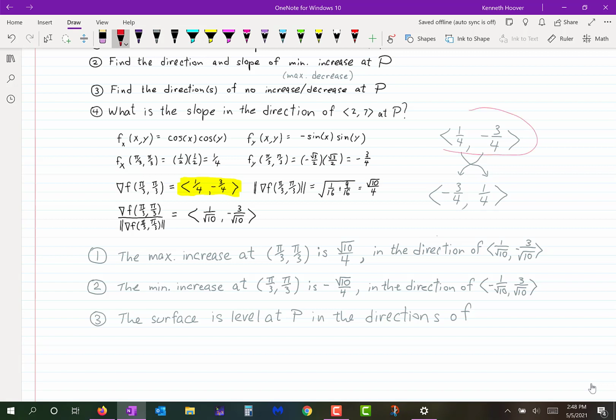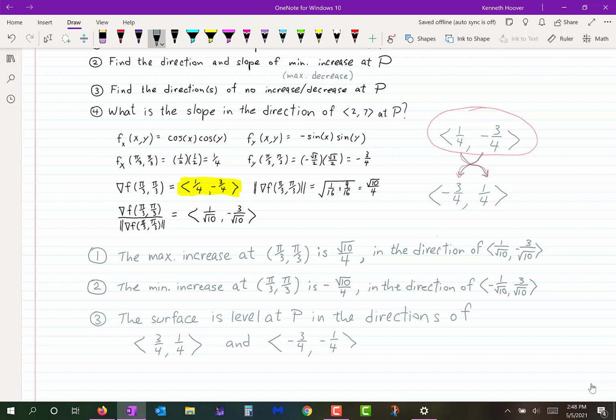We started with the gradient here, and I want something that is orthogonal to the gradient. So we swap the components and change the sign on one of them. So I can put 3/4, 1/4, and the other direction is negative 3/4, negative 1/4.